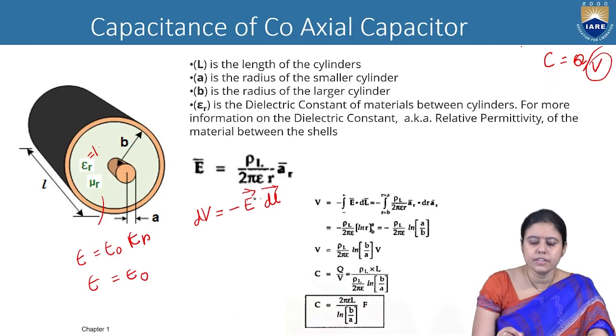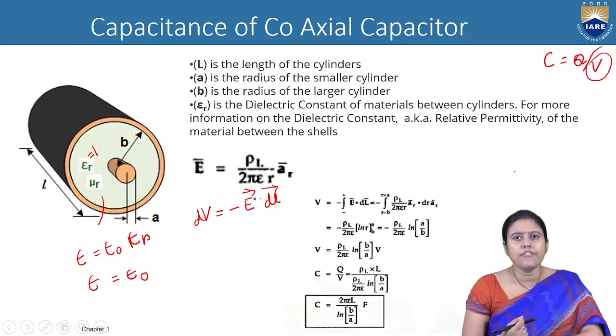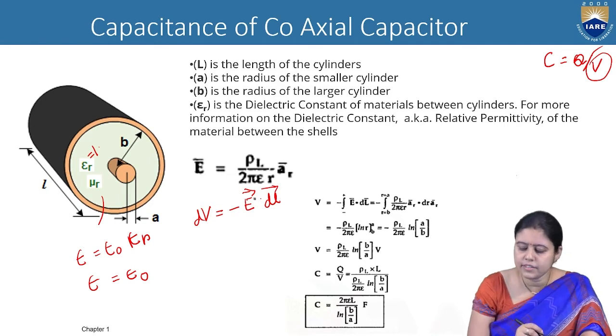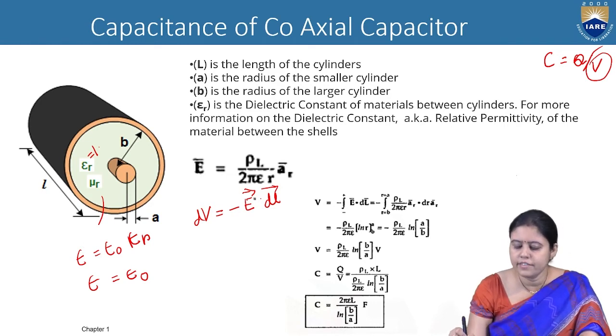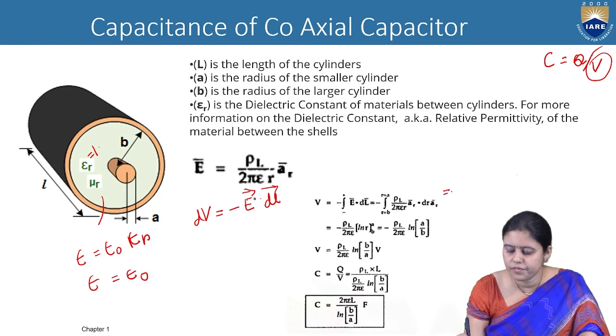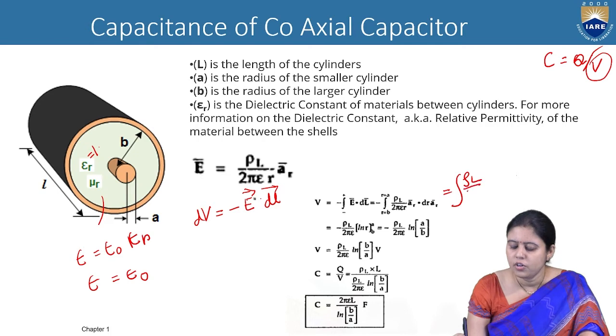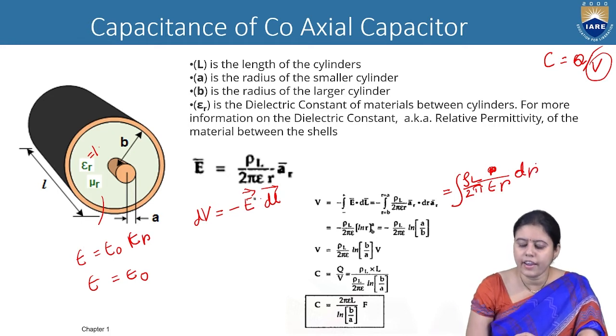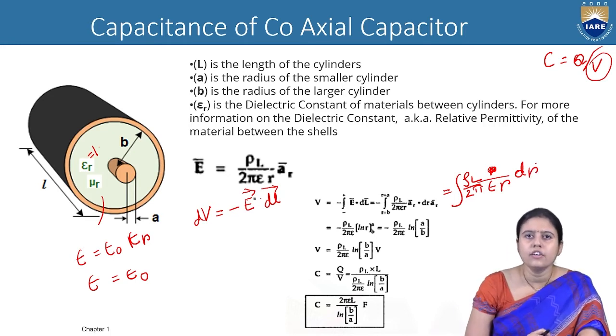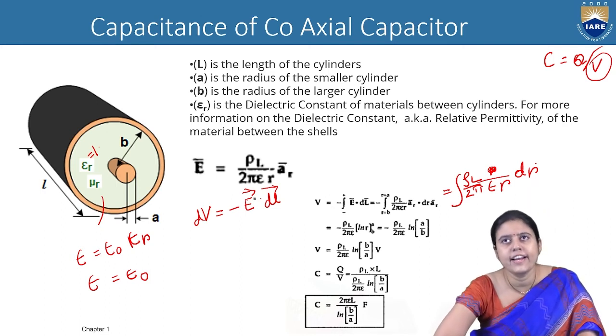You can see from this diagram that V is equal to the integral of rho L by 2 pi epsilon r dr, with AR dot AR equal to 1, since it is the unit vector.